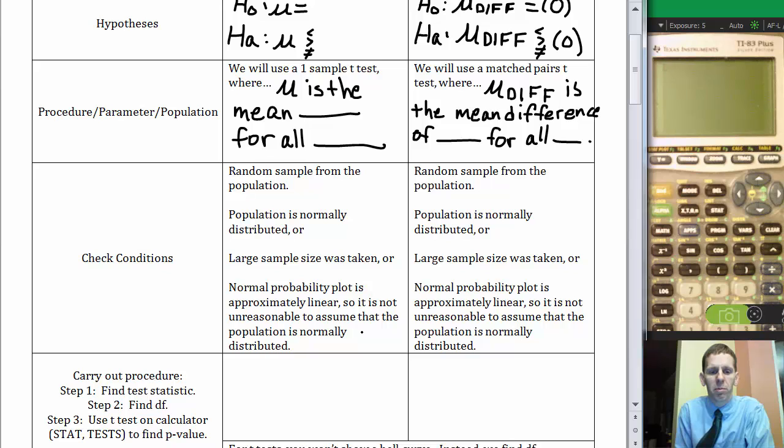Remember, for a normal probability plot, make sure you show a picture of it. For a one sample t-test, your data is most likely going to be in list 1. For a matched pairs t-test, you may have sets of data in list 1 and list 2 that you subtract. That list of differences appears in list 3, so you probably want to use list 3 for your normal probability plot.